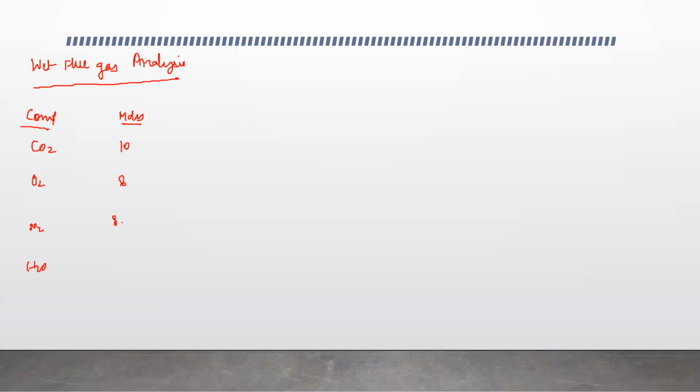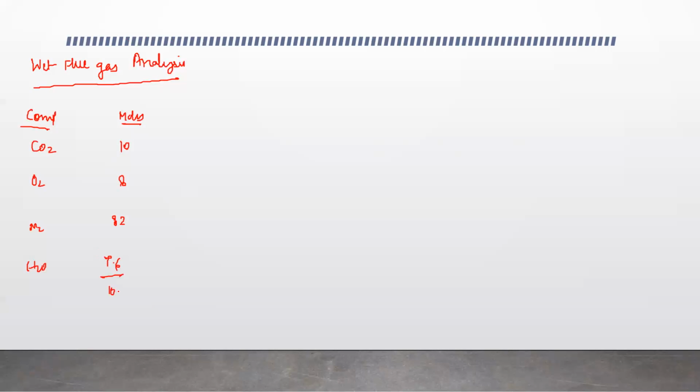So when we perform the wet flue gas analysis, we have carbon dioxide, oxygen, nitrogen, and water. Moles of carbon dioxide were 10, oxygen were 8, nitrogen were 82, and now we have water, that is 7.6.